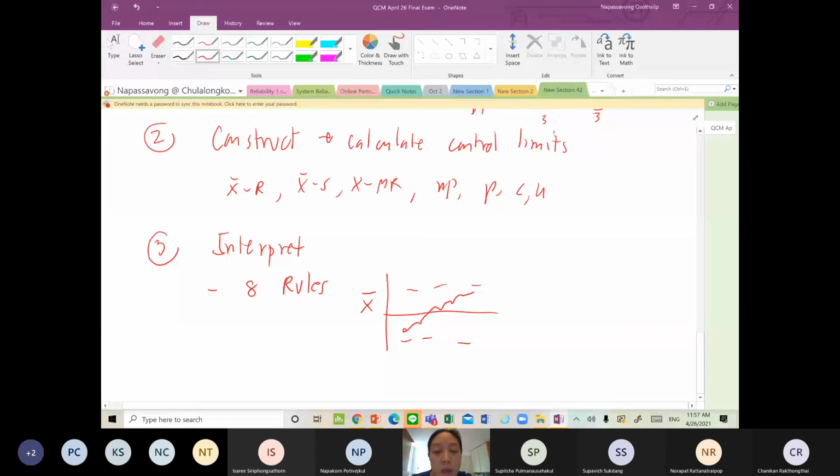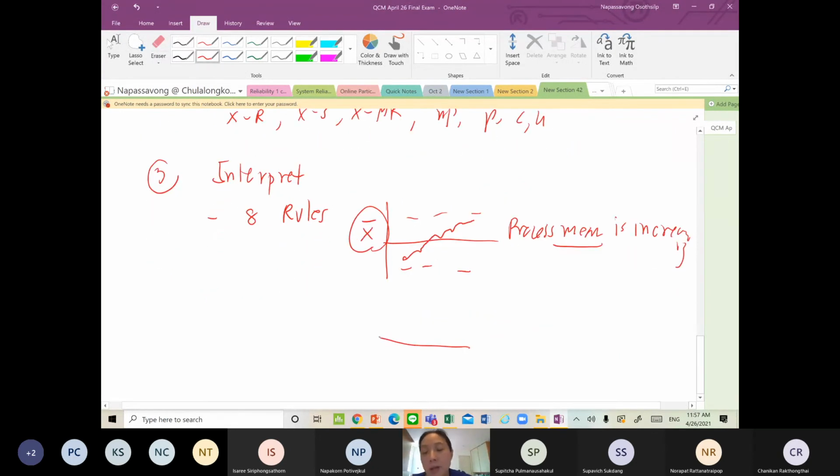But if you see a trend on the R chart, you have to say that the within subgroup variation of the process is decreasing.